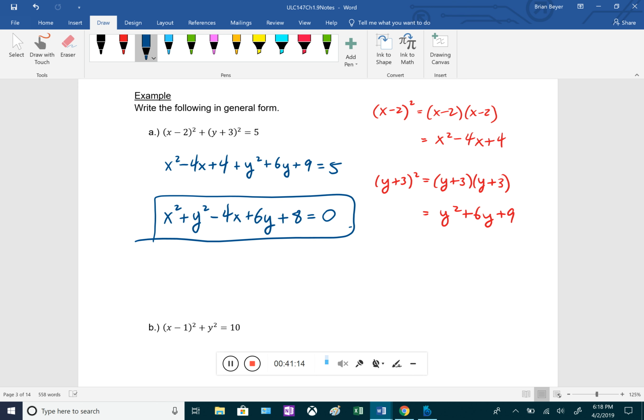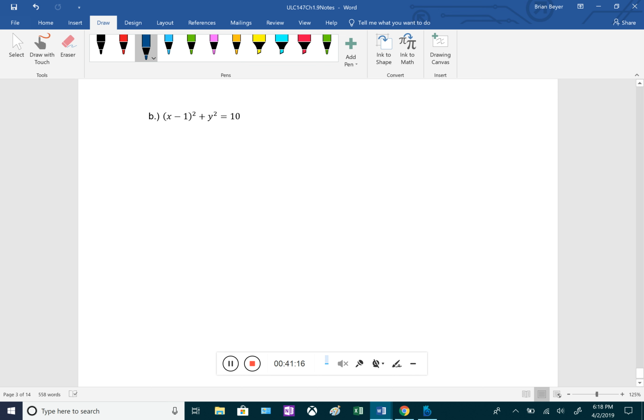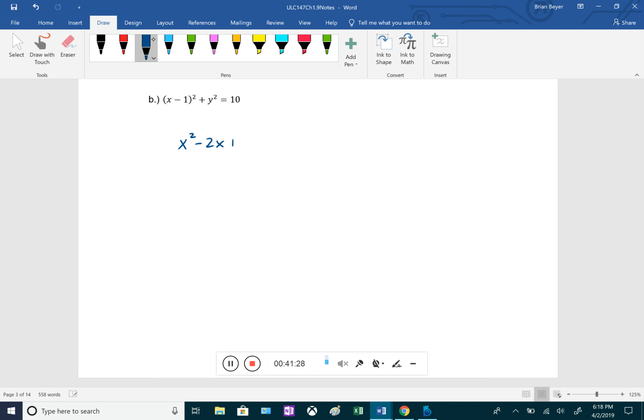Next one, we have x minus 1 squared plus y squared equals 10. So let's just do the x minus 1 squared in our head. That one's going to end up being x squared minus 2x plus 1, and then plus that y squared equals 10. So let's get the terms in the correct order for general form.